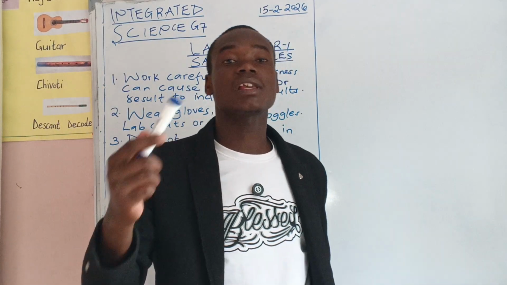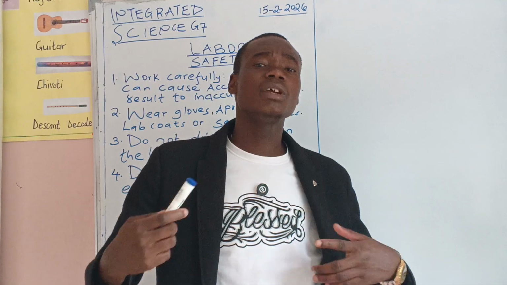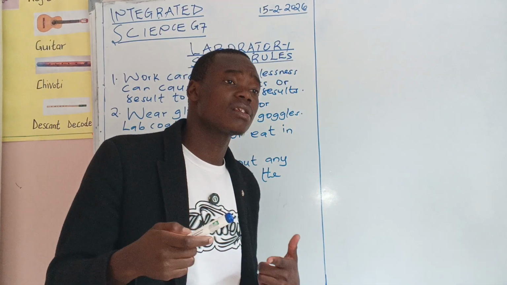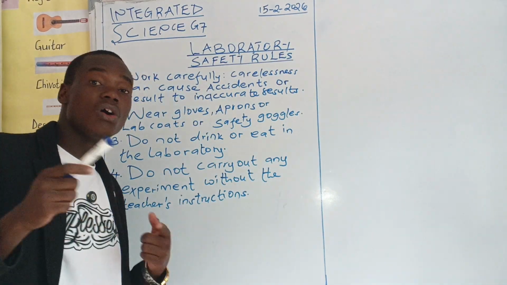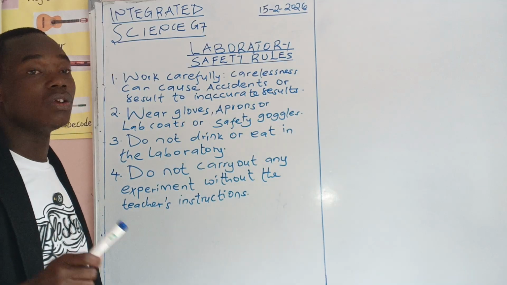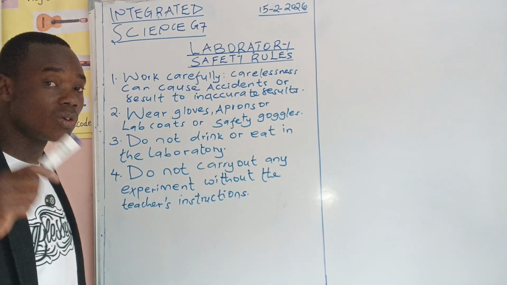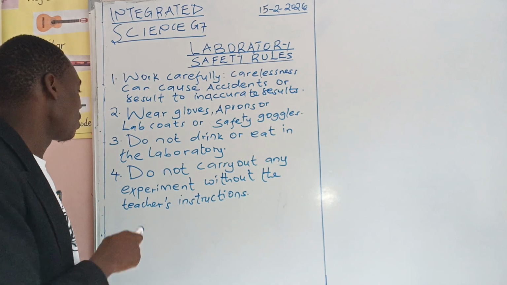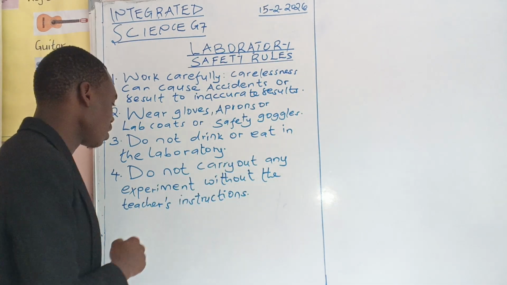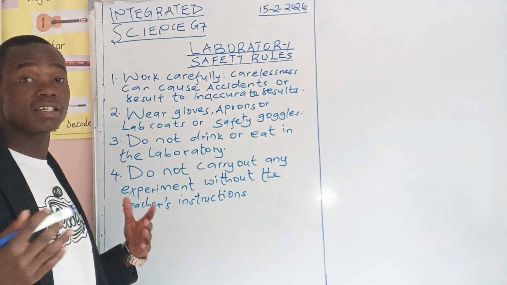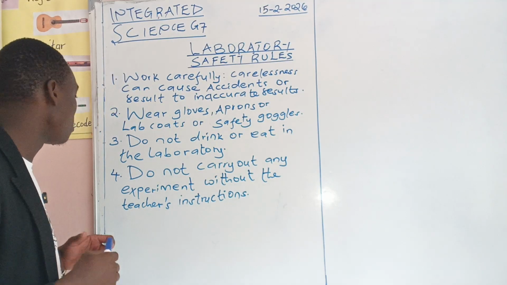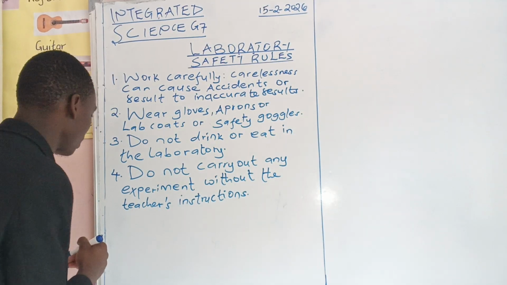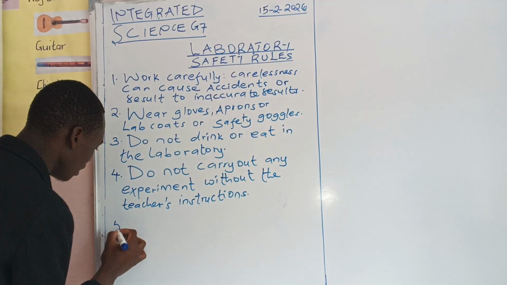And even if it is your second time, you want to do it perfectly. Minus the teacher or lab technician, you are not going to do it perfectly. So you have to adhere to the instructions so that you carry out the experiment in the best way possible. So that is number 4.